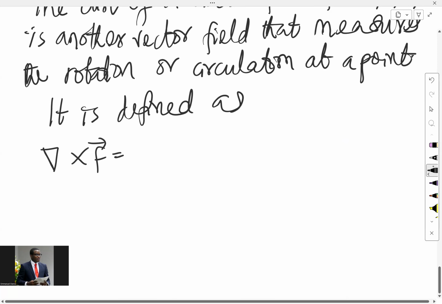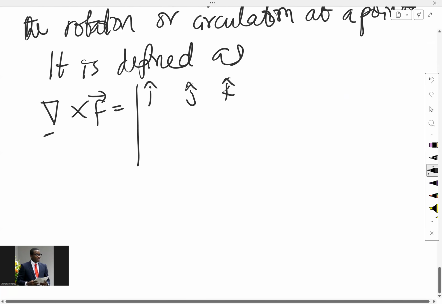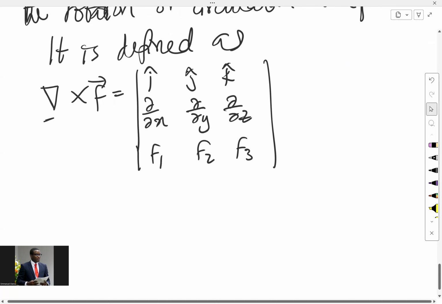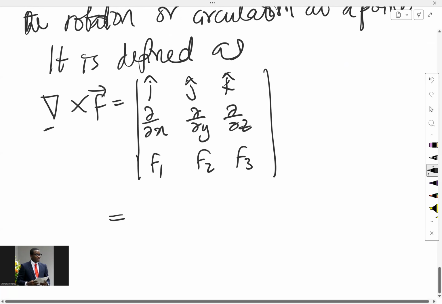Basically, you have I, J, K, then for nabla you have partial X, partial Y, partial Z, and then you have F, that's F1, F2, and F3. So that you can now work this out.